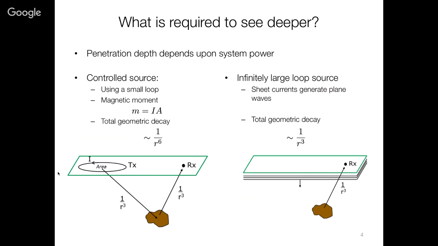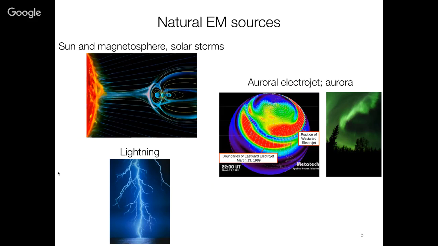There's only the 1 over r cubed. This is the reason that people are keen on having a large scale transmitter. Of course, it's pretty difficult to build a 1,000 kilometer by 1,000 kilometer transmitter, but fortunately, Mother Nature gives us a hand.